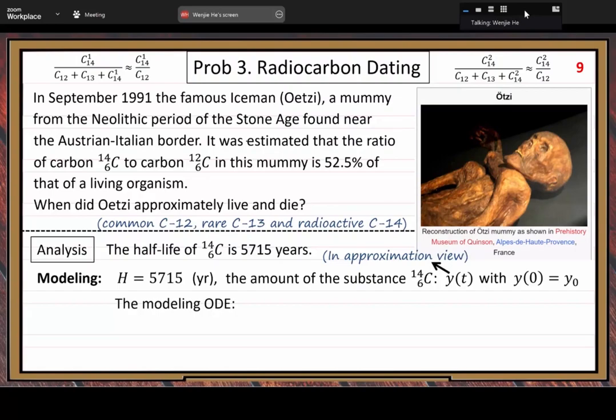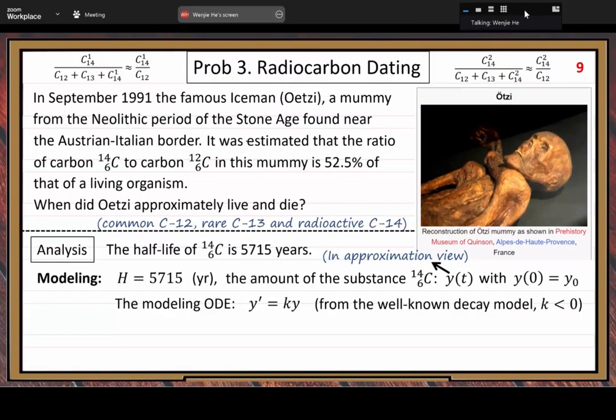Now, the modeling ODE: y prime equals ky. This is a radioactive decay model, so we apply the same decay law, with k less than 0, decay.